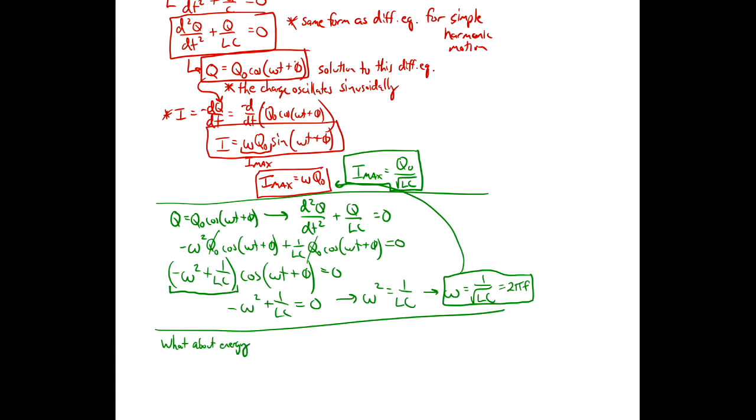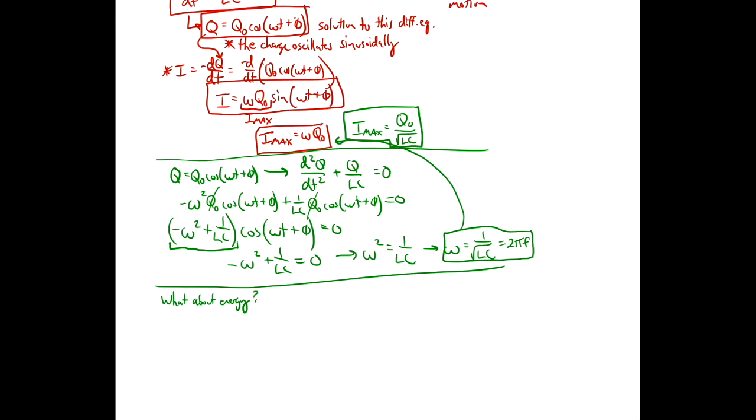And for energy, let's see. First of all, we could say that the energy stored in the electric field is 1/2 Q squared over C. And we can say that the energy stored in the magnetic field is 1/2 L i squared. Keep in mind we're combining our knowledge of capacitors and inductors at this point.